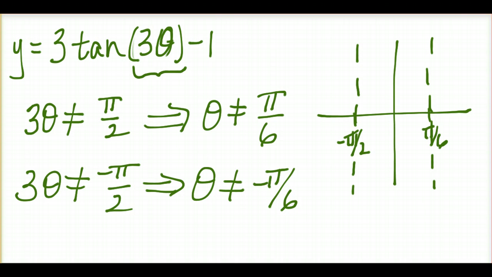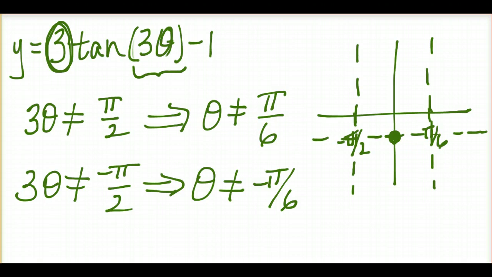Right in the middle, and then this thing is shifted down 1 also. So down here at negative 1, my center line will drop down 1. And so in the middle of my asymptotes, I will start at 0, but on the center line. This amplitude, this vertical stretch is a 3.